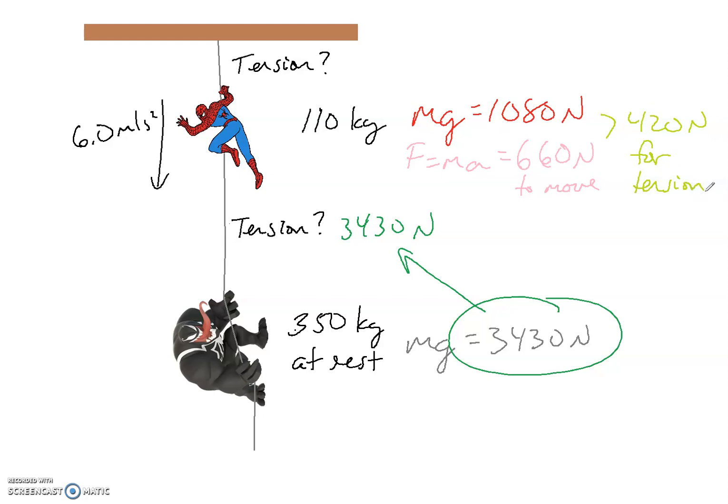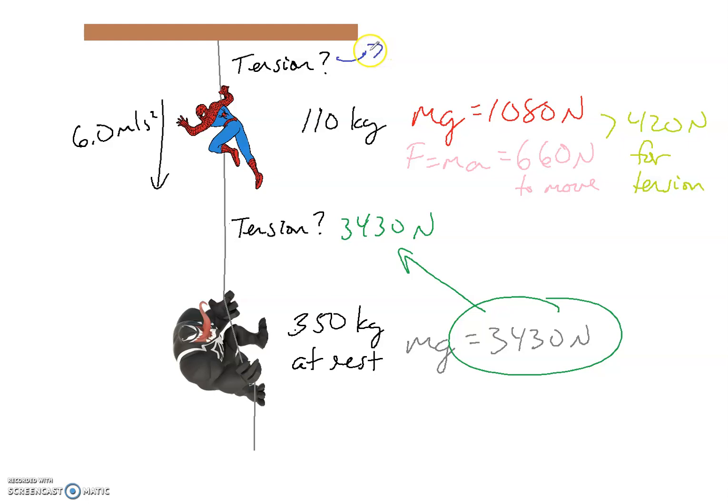Let's piece this together. Gravity is pulling Spider-Man down with 1,080 newtons. He's only using 660 of that to slide, so he's still holding on with 420, sort of slowing him down, which supplies tension in the web. If it was just Spider-Man by himself, the tension in the web would be 420, but it's not just Spider-Man. The web at the very top has to support both Venom and Spider-Man.